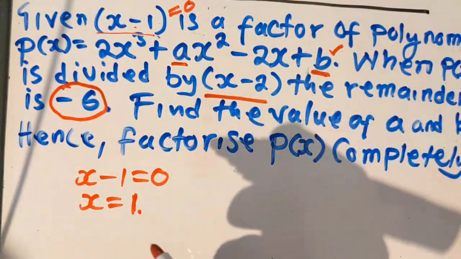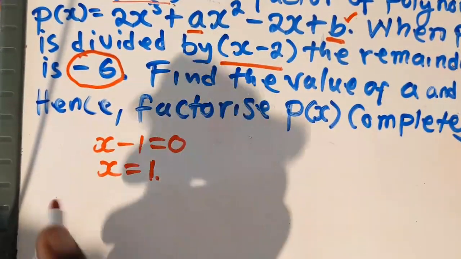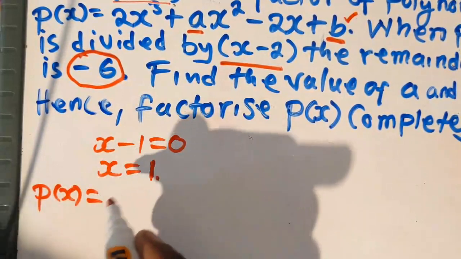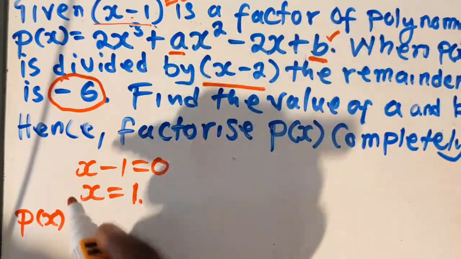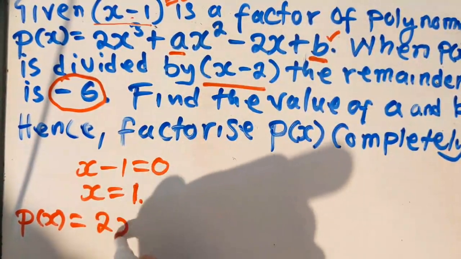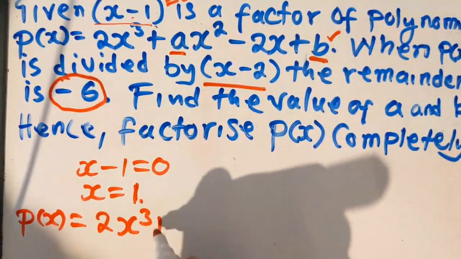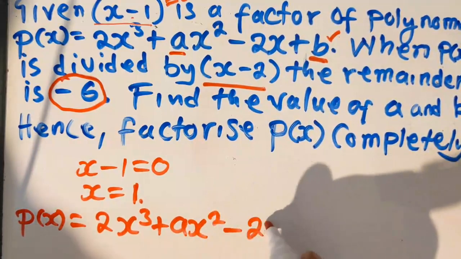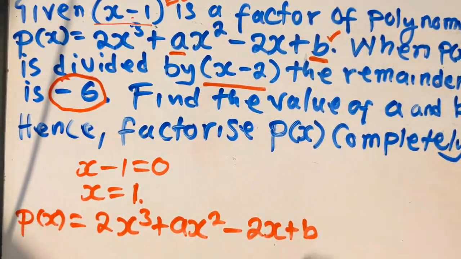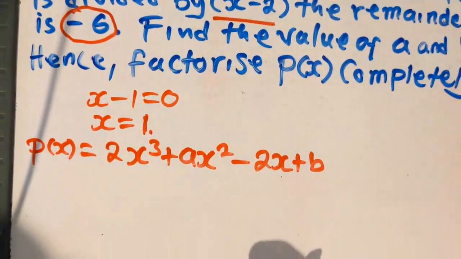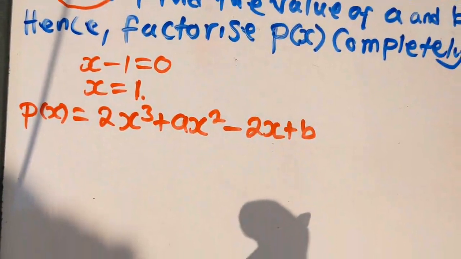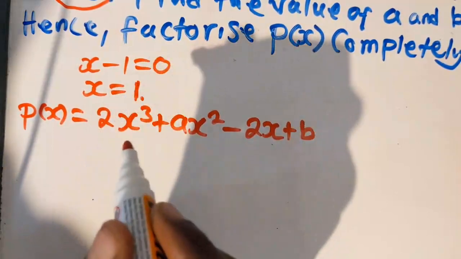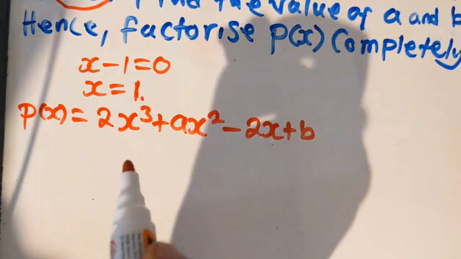And the polynomial, we copy it: P(x) is equal to 2x to the power 3 plus a x to the power 2 minus 2x plus b. Now what we're trying to find is P of 1. When we put this in, it's supposed to give us 0, because they have said it is a factor.